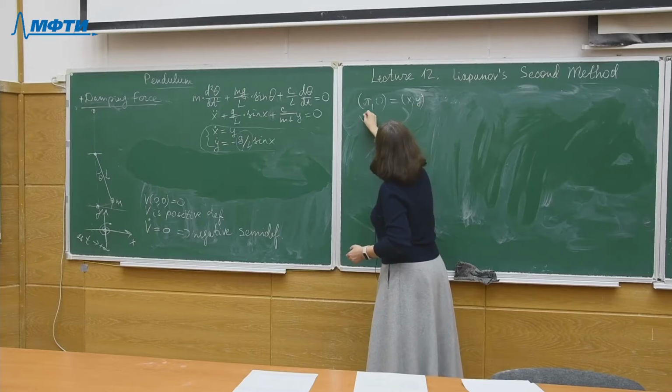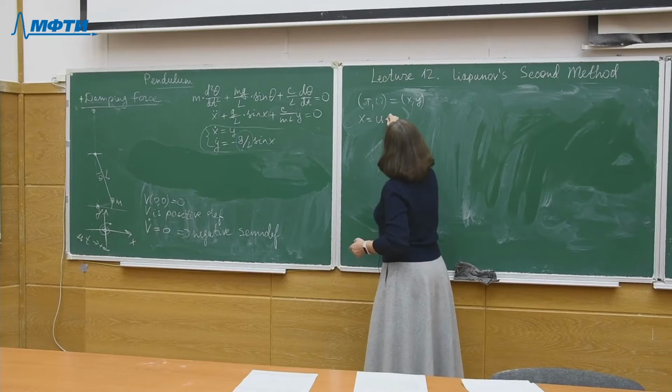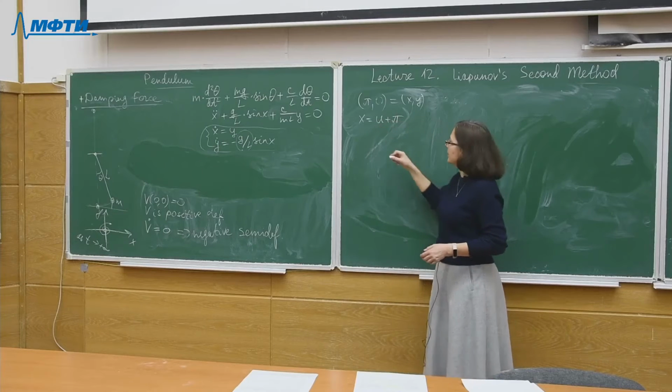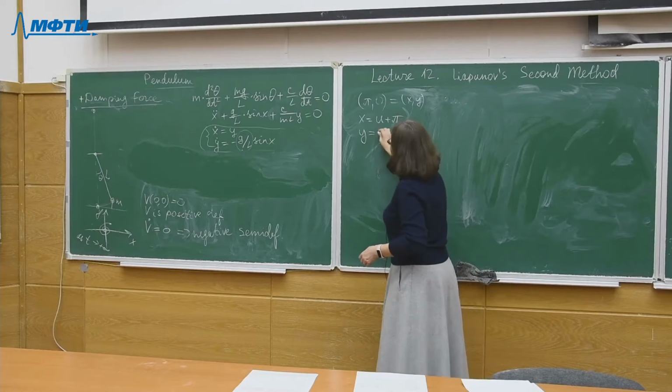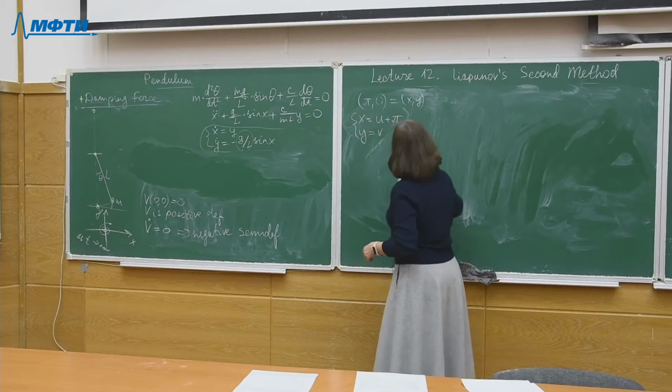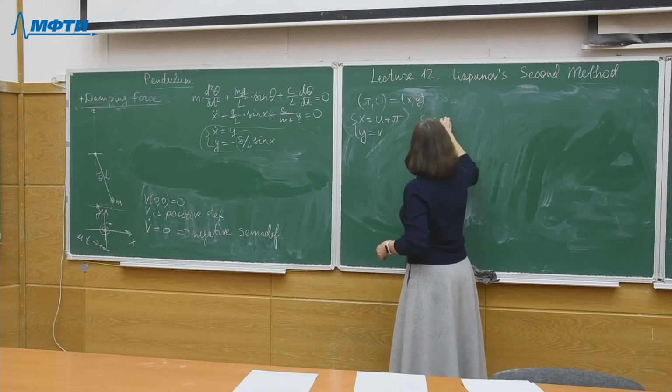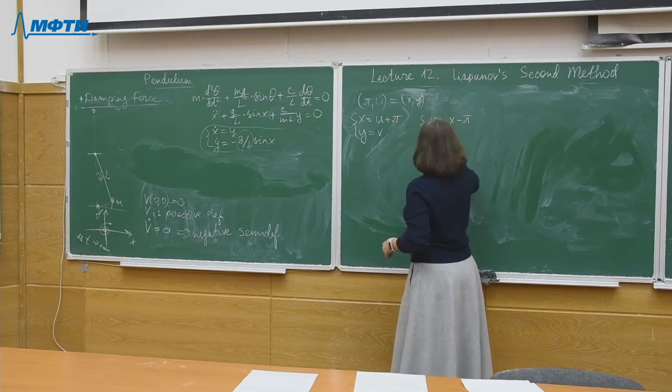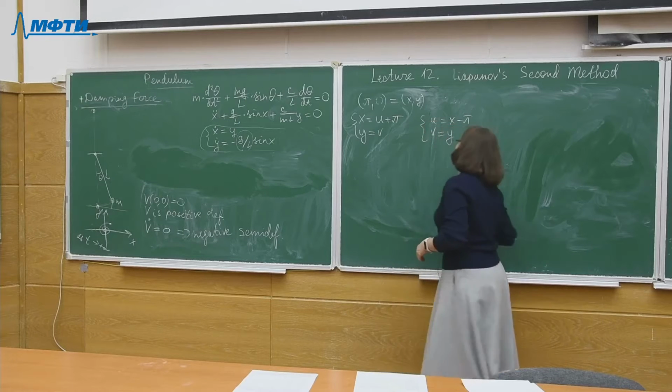Let x be equal to u plus pi, where u is the new variable, and y equal v, or u is equal to x minus pi, v equals y.